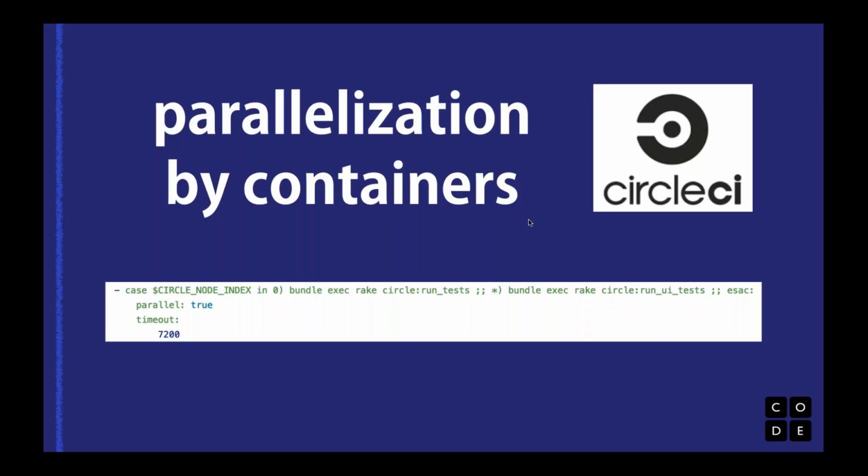In our case here, it says CIRCLE_NODE_INDEX, so CircleCI provides this environment variable. There's a little bit of bash that they recommend on the site, and they have a doc on how to do that. Here we run our normal unit tests in container 0, and then for all the other containers that are available for this build, we run the UI tests.